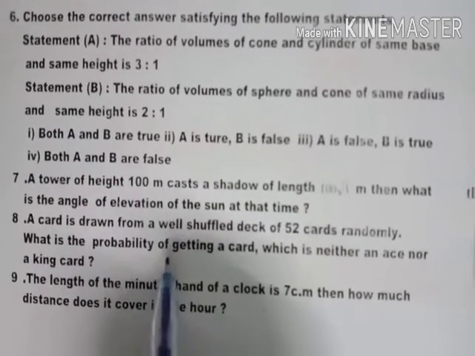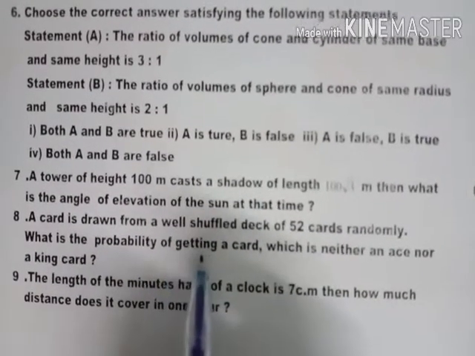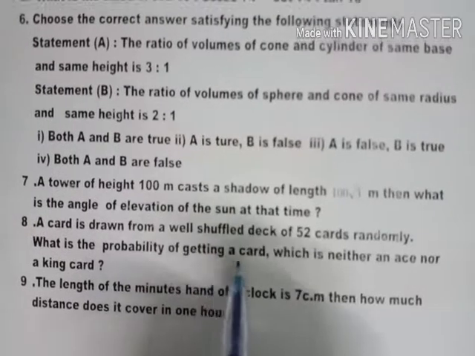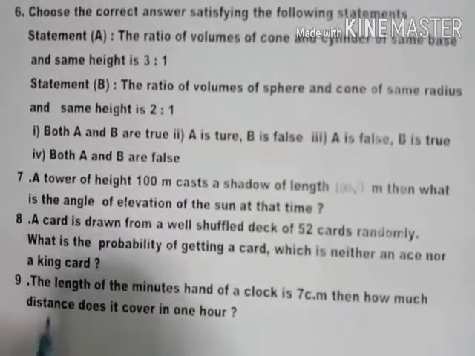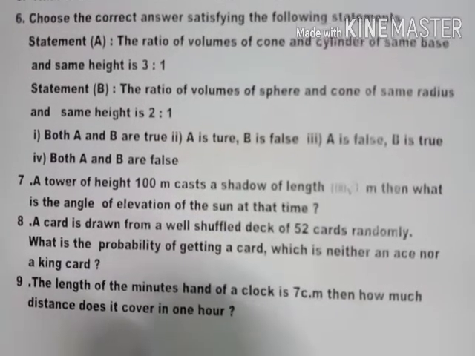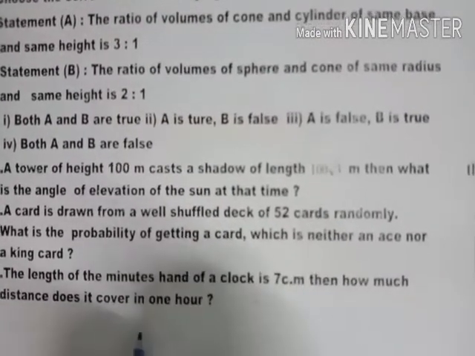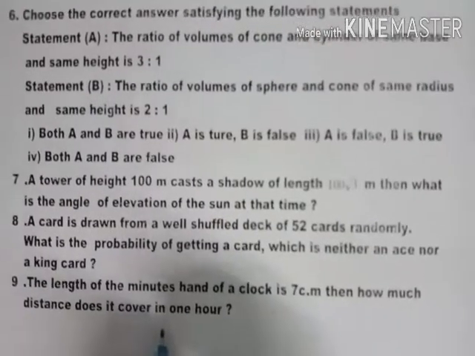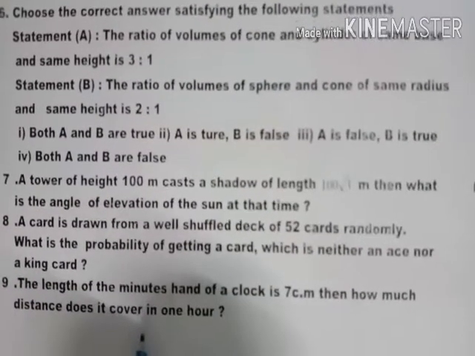In the 8th question we have a question on probability, which is a very easy topic, so you need to concentrate only a little. On the 9th question we have the 9th chapter, secants and tangents. In order to calculate this value, we need to focus on the example sums in this chapter.